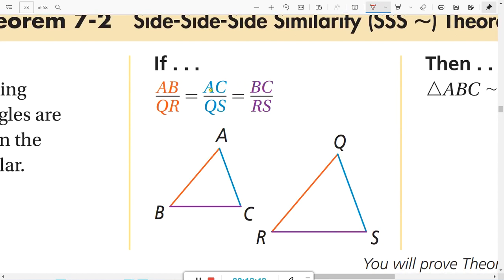Okay, so the numerators here are all side lengths from this triangle ABC. All right, and the denominators are all side lengths from this triangle QRS.